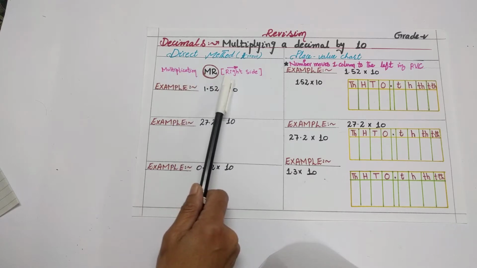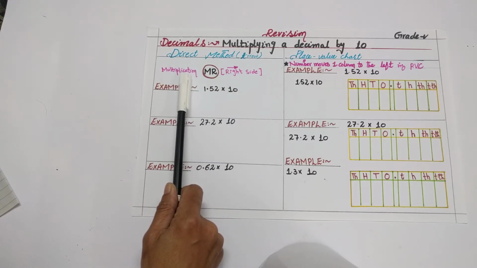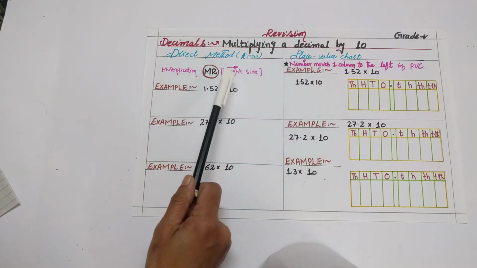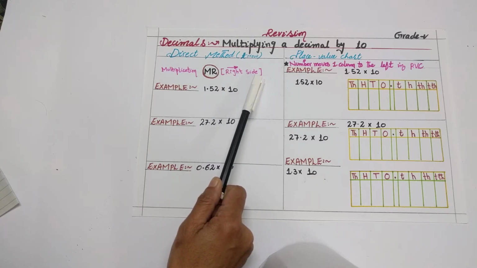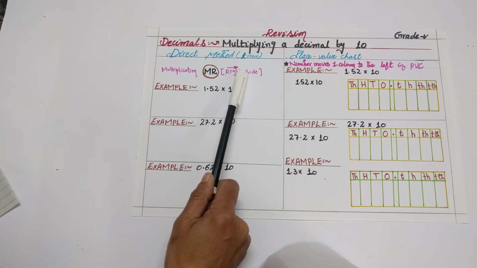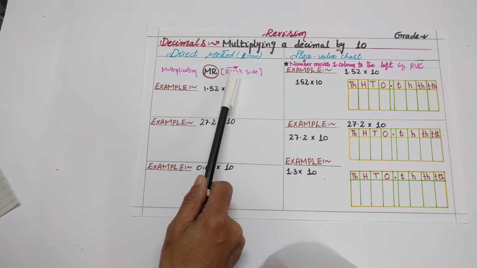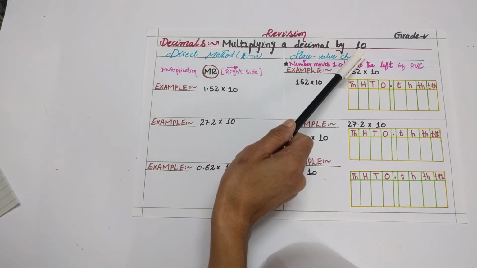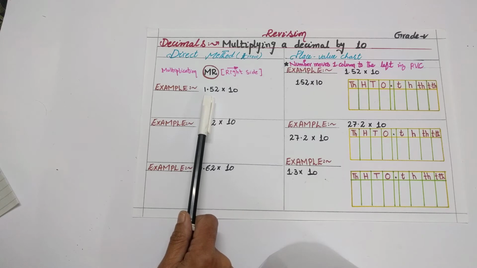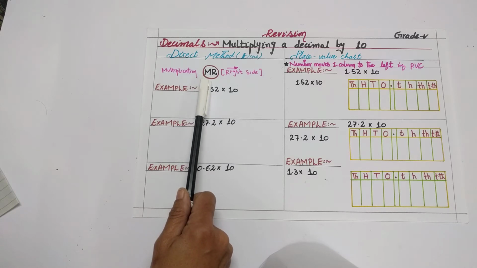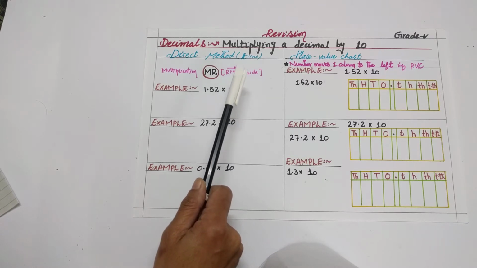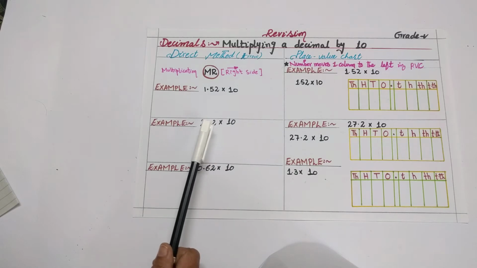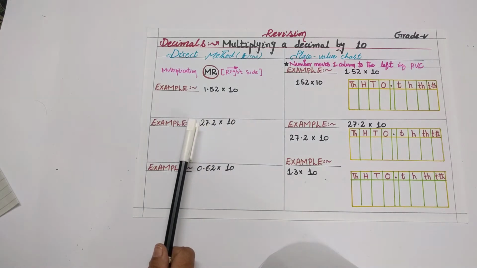So when you start the multiplication of a decimal by 10, we will move the decimal to the right side, and this movement depends on the zeros of the multiplier. In multiplication, we move the decimal to the right side. Let's start with the help of examples.